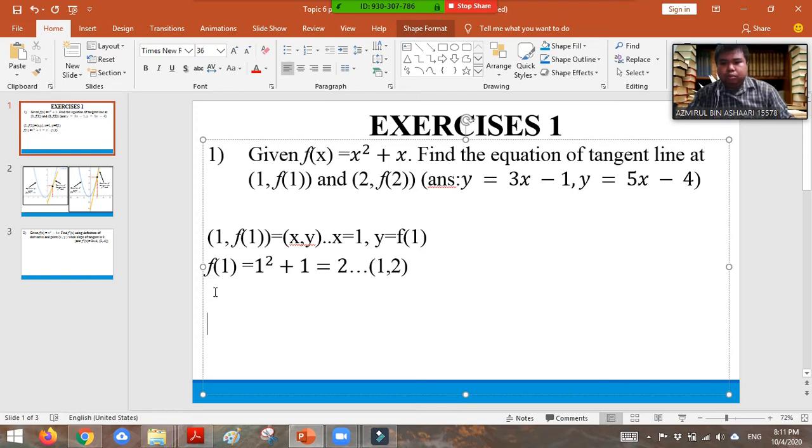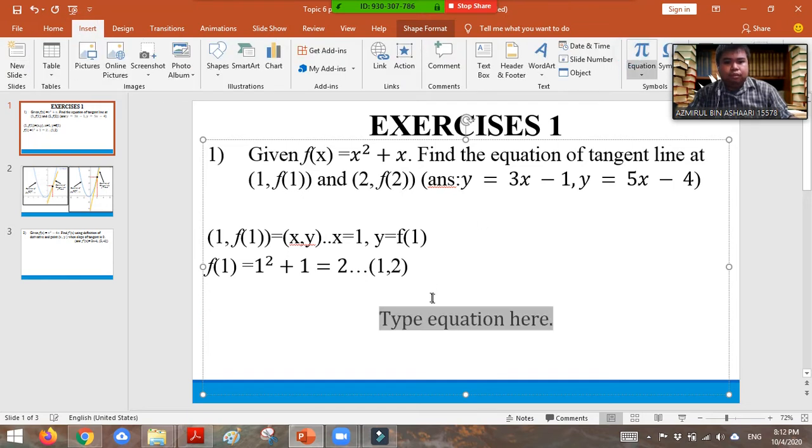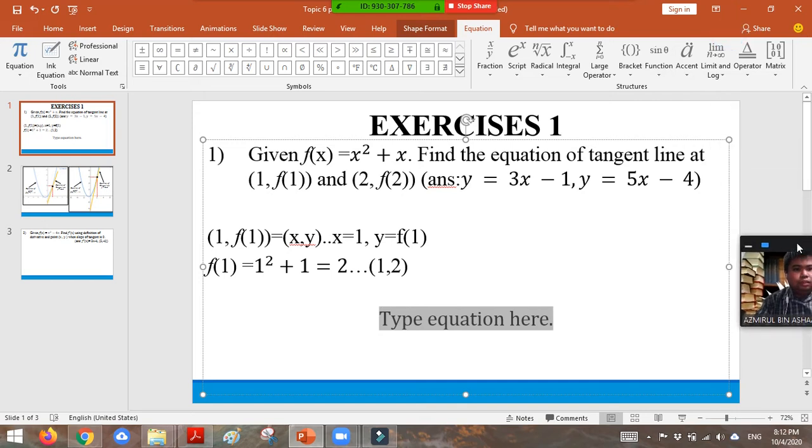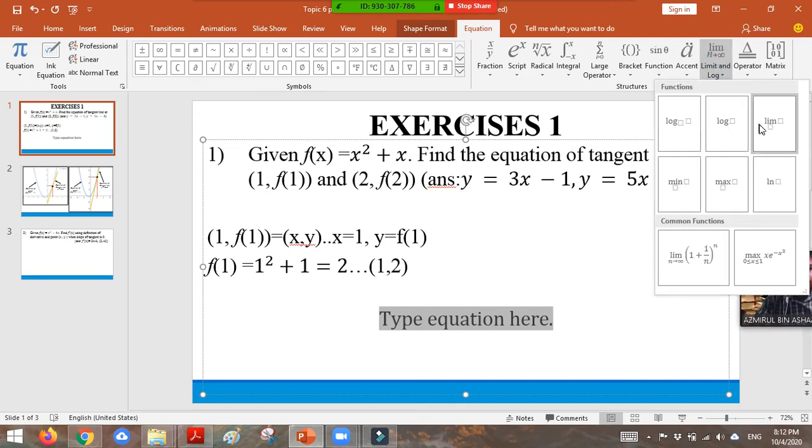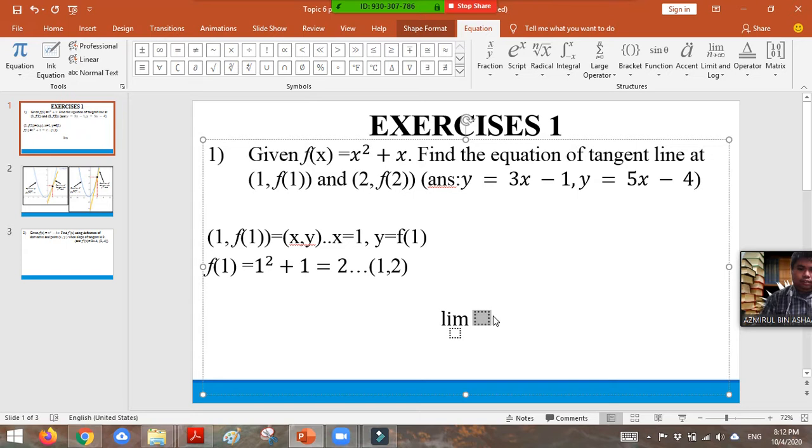So what you will do is use this formula, which is the limit of f(x plus h) minus f(x), then divide by h, where h is approaching 0.